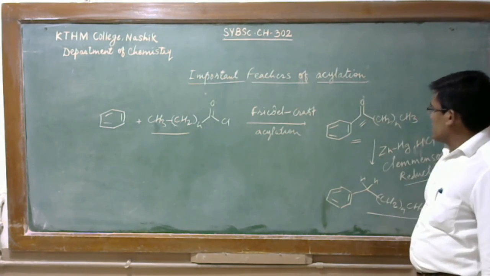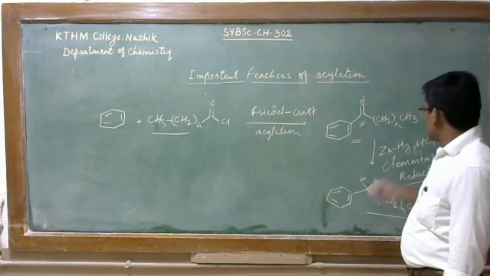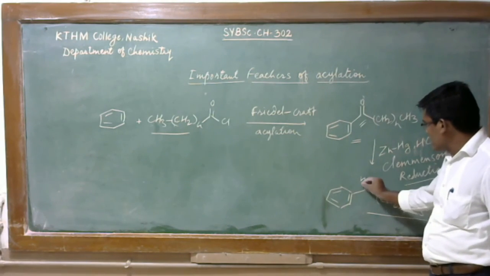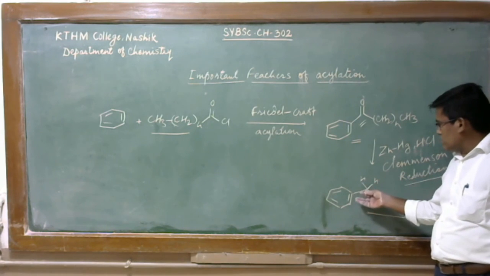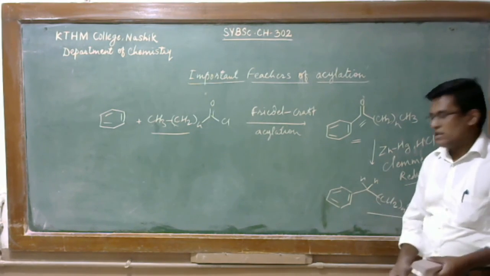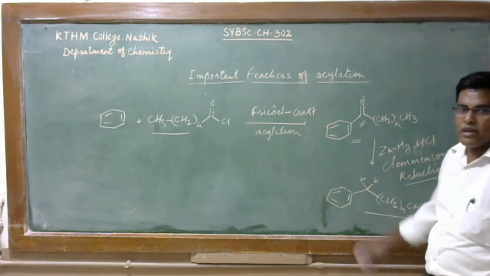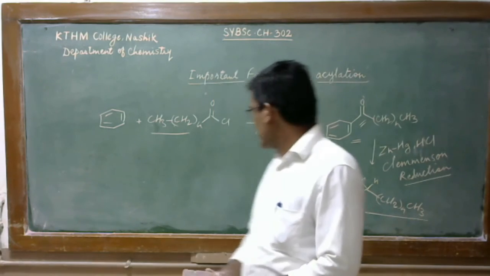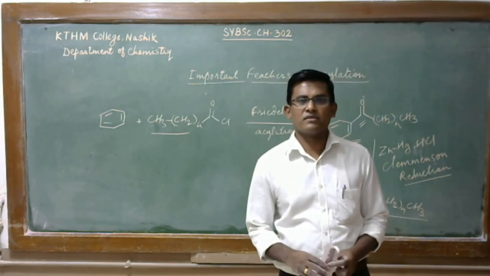In the next step, we can reduce this carbonyl group with the help of the Clemmensen reduction to give the reduced product, so as to get this long chain on the benzene ring. In this way, we can introduce a long chain of the alkyl group. So this is how these electrophilic substitution reactions work.